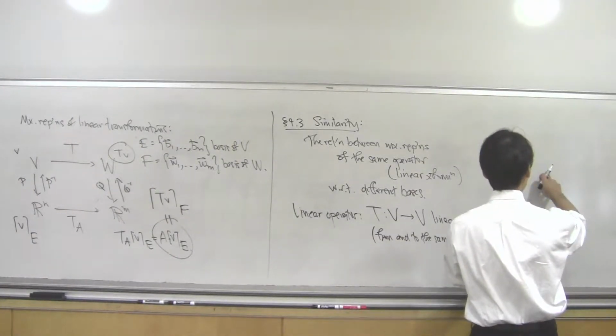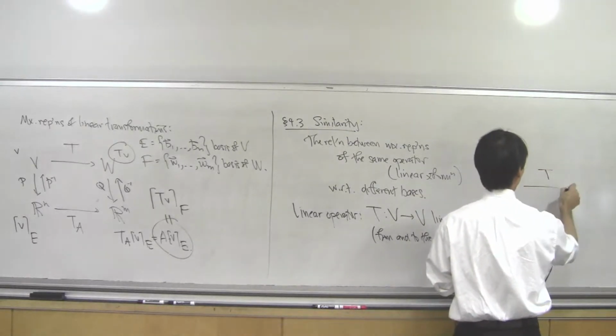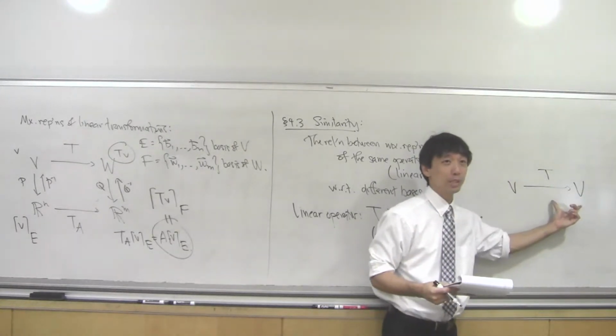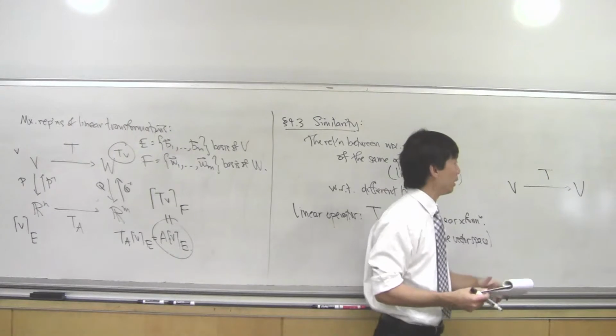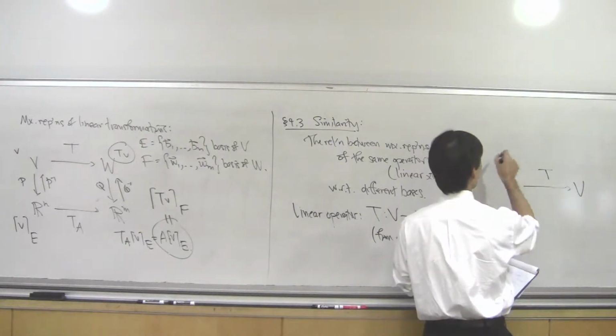Okay, so what we're going to have is something like this. We have a linear transformation going from one vector space back to itself, and you have a single basis.